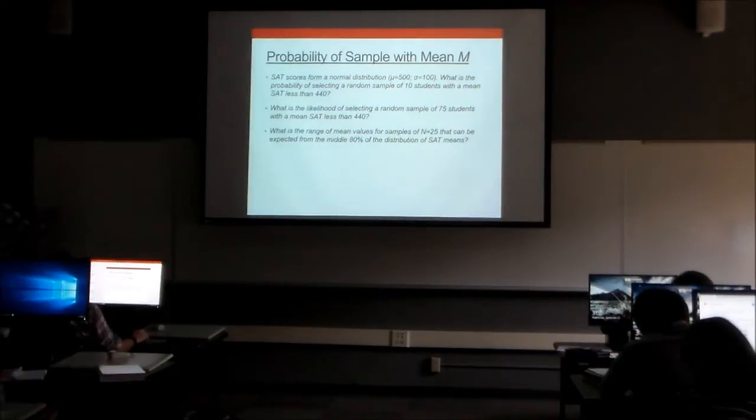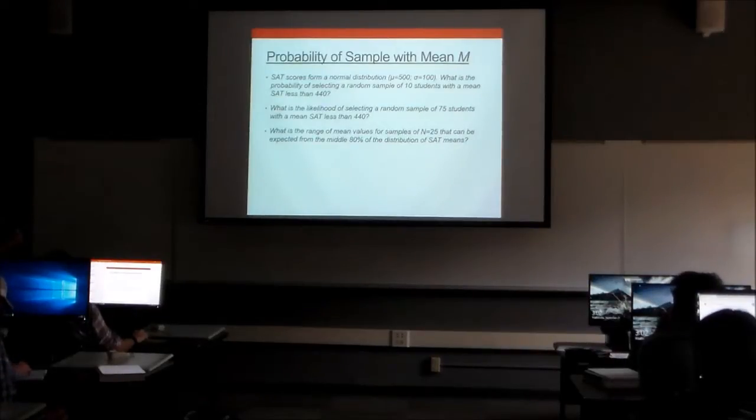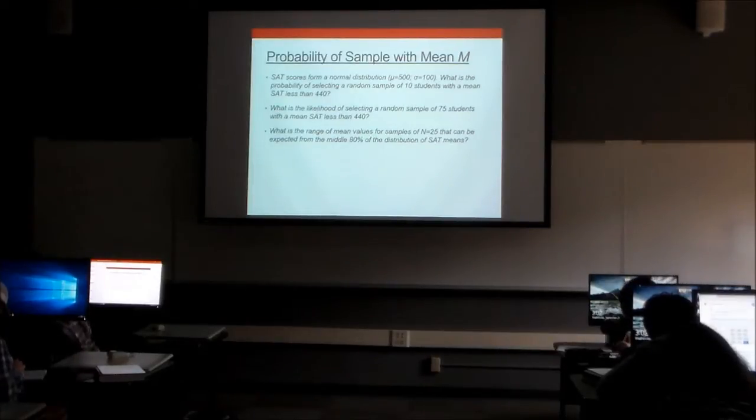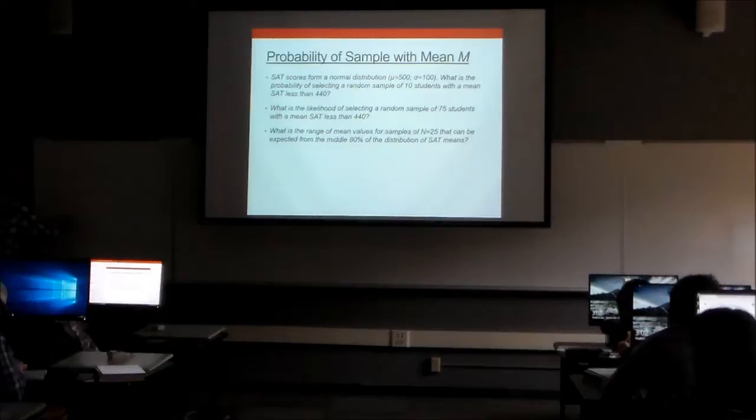All right. So then we calculate our z-score, right? Our sample mean here is 440 minus 500, divided by 31.6. What do we get? Maybe 1.9. I have a question.